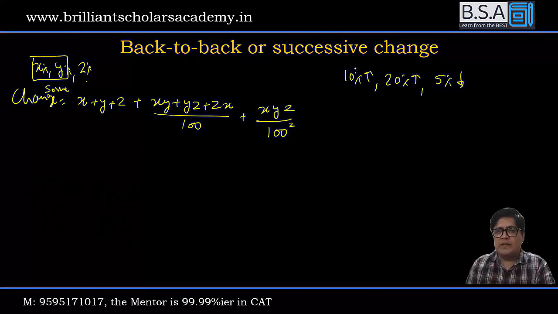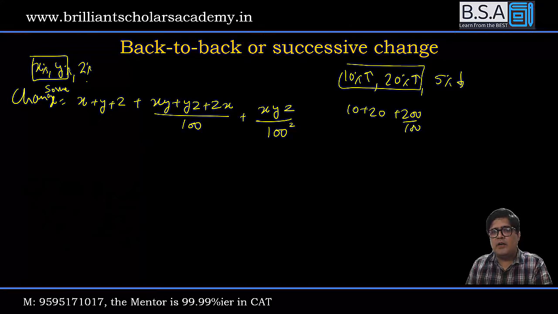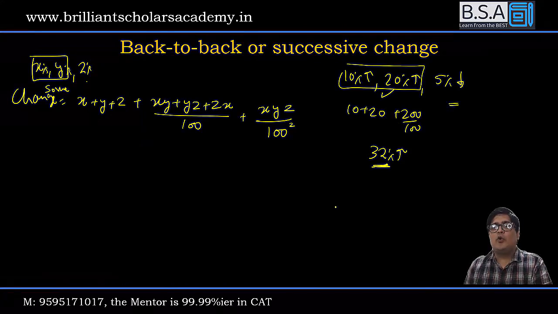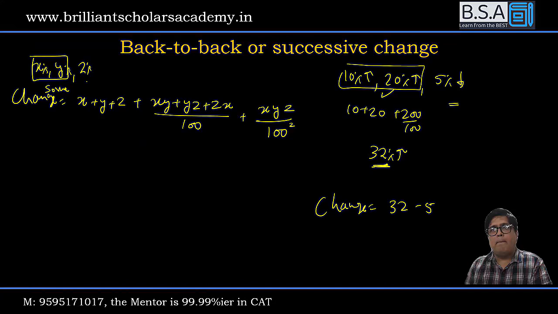So what I will do is I will solve these first. कोई भी दो, any two you solve. 10 increase, 20 increase, 200 upon 100, 32% positive. तो इन दोनों का जो result है, you use this as x and this as y. तो overall change would be 32 minus 5 minus 160, वो multiply कर दिया मैंने 5 के साथ में upon 100.